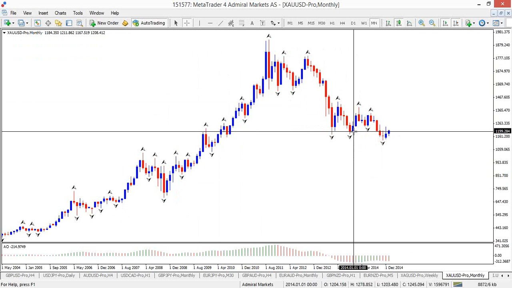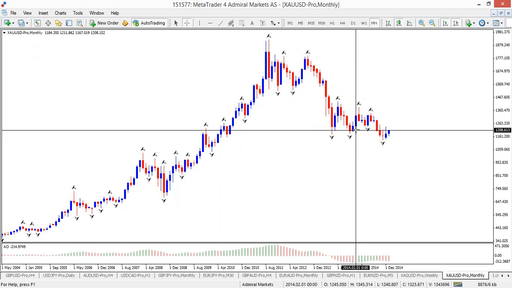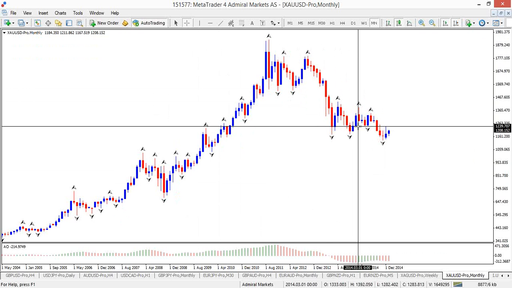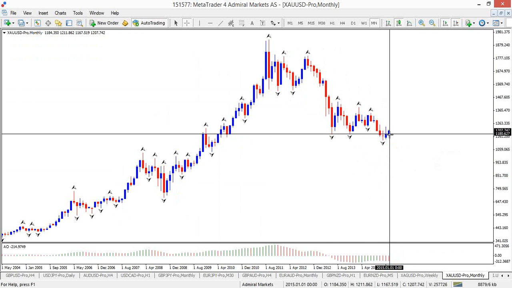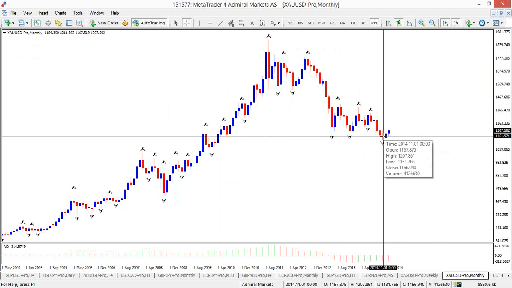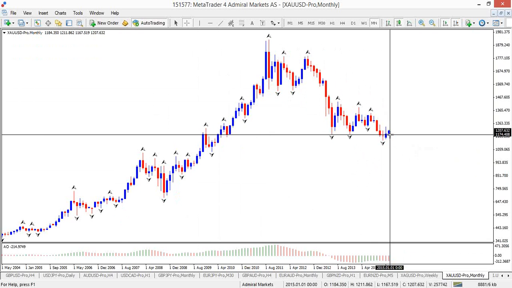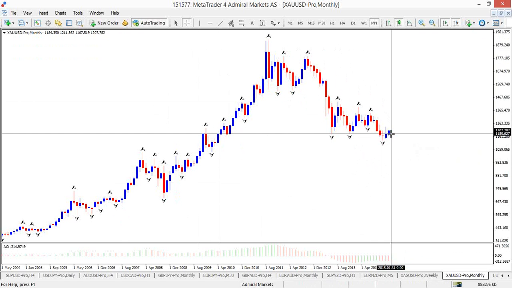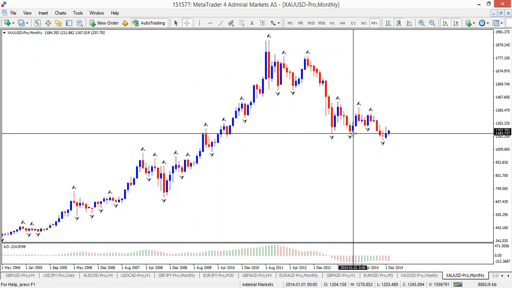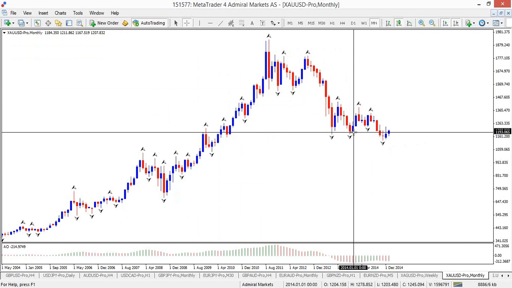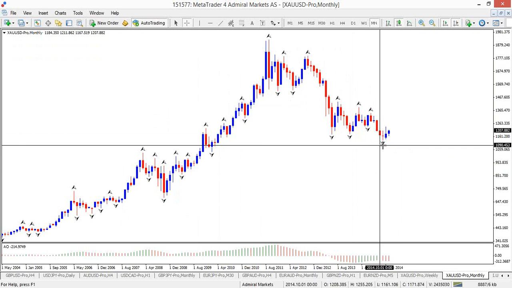The open of this year is around here, 1240. The close is around 1220 actually. Where's the open? Now the open is 1204, excuse me.